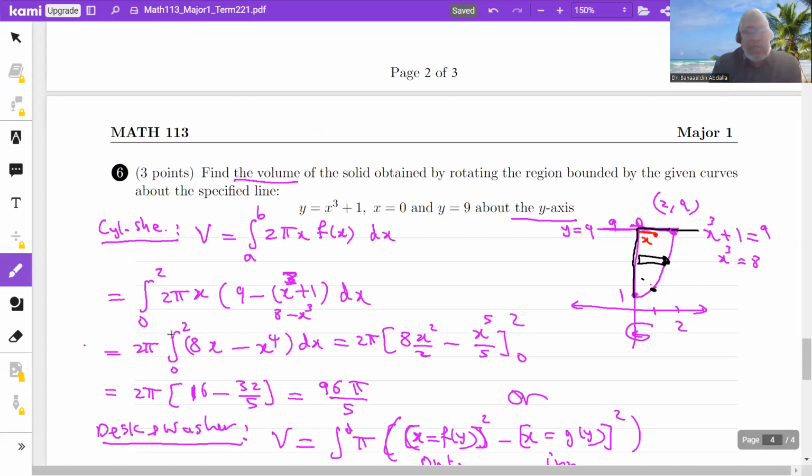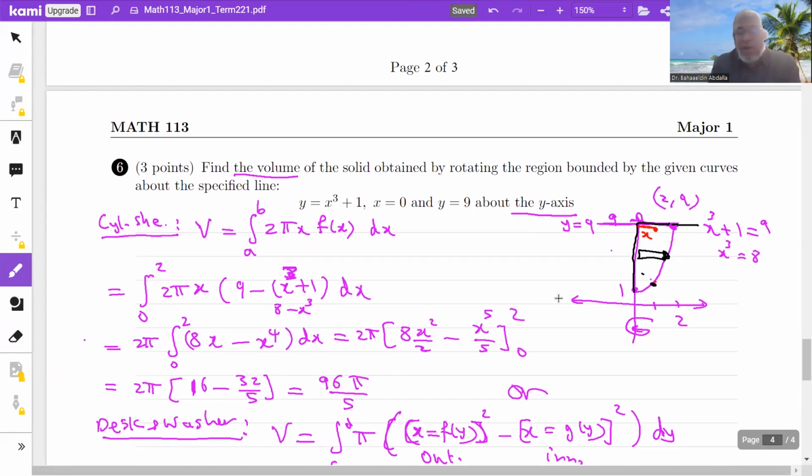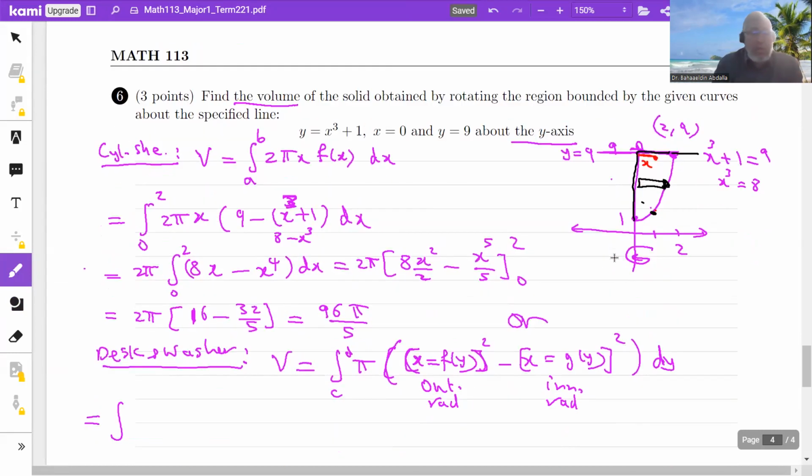Of course, when you rotate about the axis, you get a disk, and the formula is so I can evaluate the volume integral dy. y runs from where to where? Now y here is from 1 to 9.